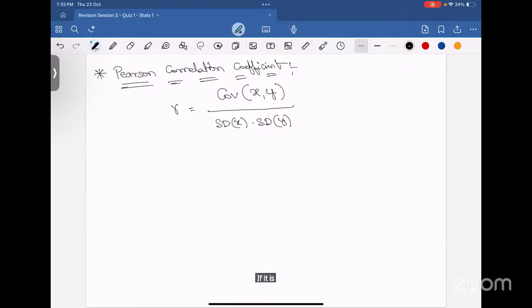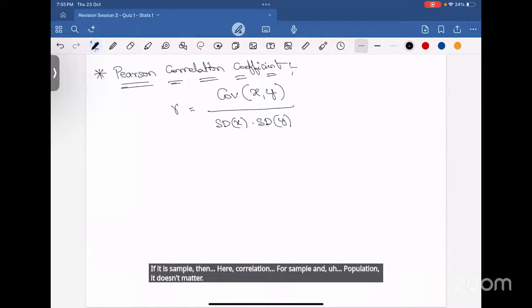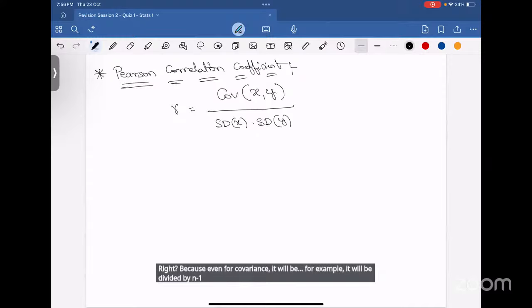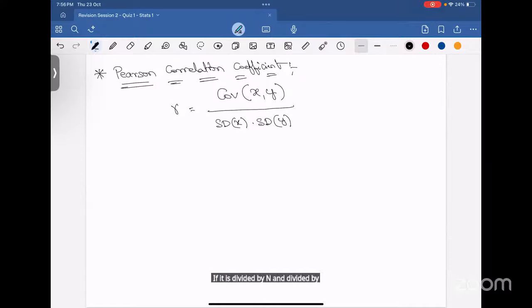If it is sample, then for correlation, sample and population doesn't matter, right? Because even for covariance, for sample it will be divided by n minus 1, and the denominator will also have n minus 1, which will get cancelled out. If it is divided by n and divided by n, they will get cancelled out.